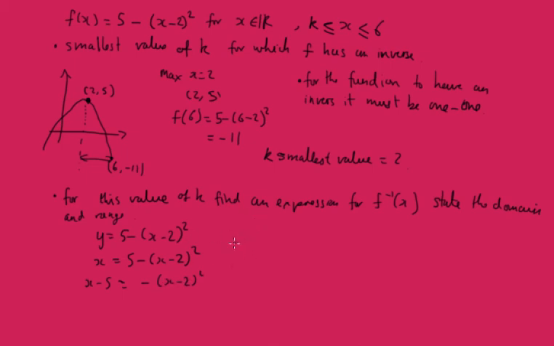We will rearrange that and we will end up with y equals 2 plus the square root of 5 minus x. So the inverse function is 2 plus the square root of 5 minus x.